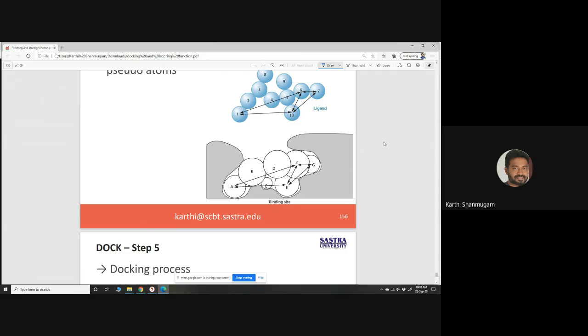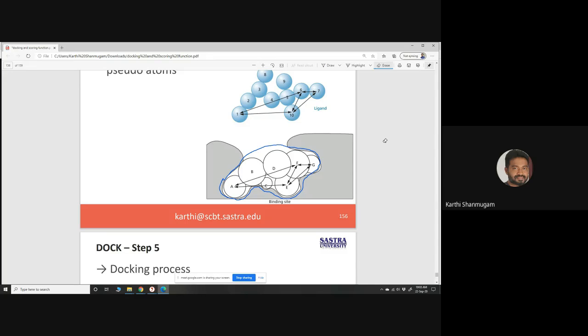But we can say the entire binding site is clearly dictated to the computer algorithm by means of these spheres, and this is called the negative image of the binding site. This information is the input for any docking algorithm as the binding pocket.